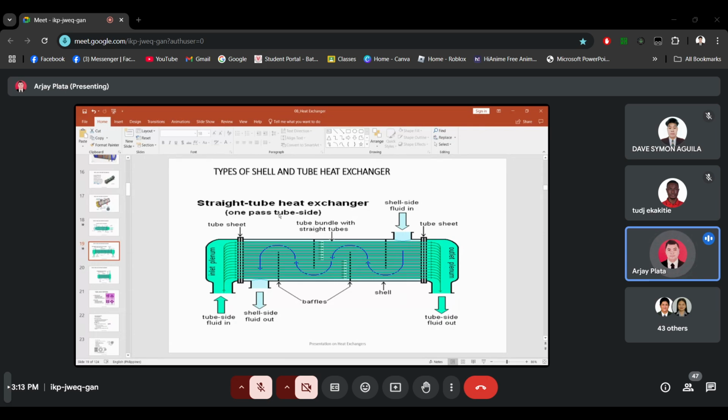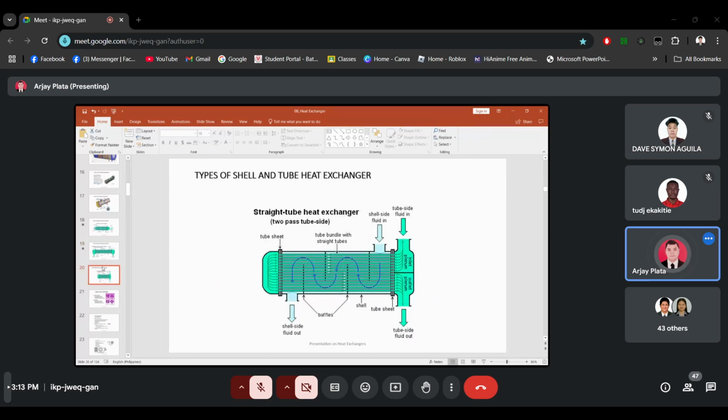But when we say two pass, just like this one, this is a two pass tube side. This is a fixed tube heat exchanger because the tubes are fixed on both ends. As you can see, the fluid coming into the channel where the tubes are will go inside the tubes in the shell and then goes out and then goes inside again. So there is a second passage of the tube fluid inside the tubes.